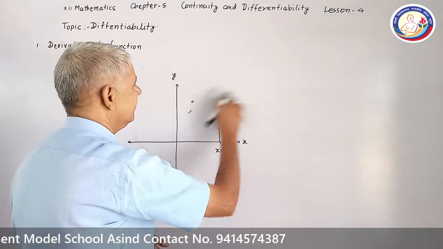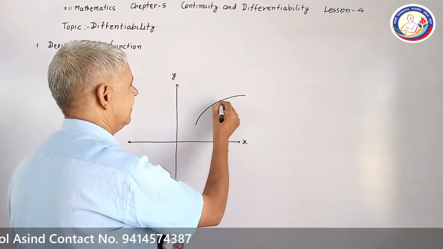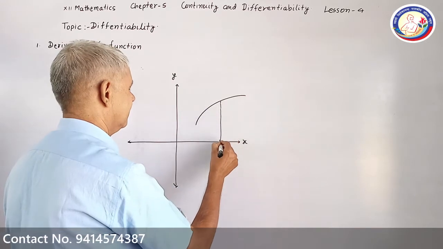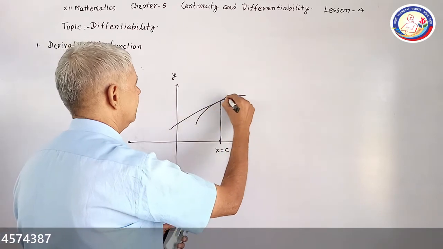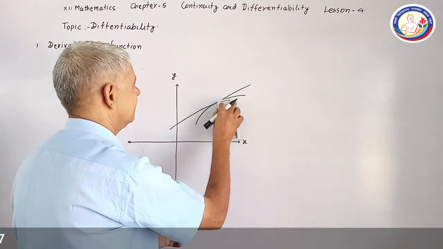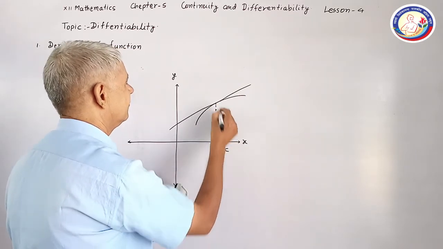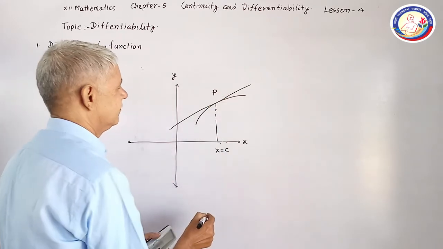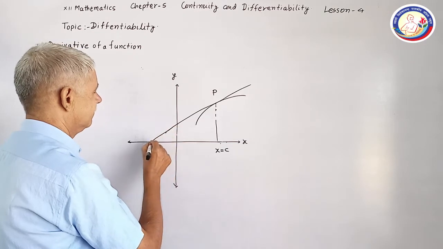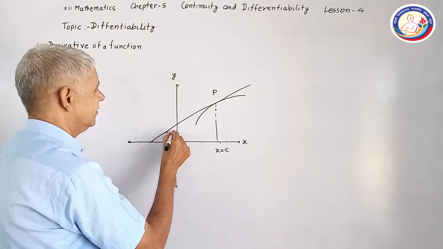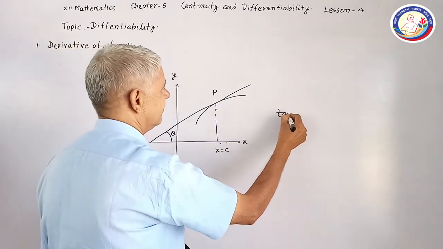I am explaining it further. So this is the curve, or this is a graph, and c is a point here. Now if we draw the tangent here, this is the tangent, say. At x equal to c, the point is P. The slope of the tangent, let this angle be theta. Then the slope will be determined by tan theta.